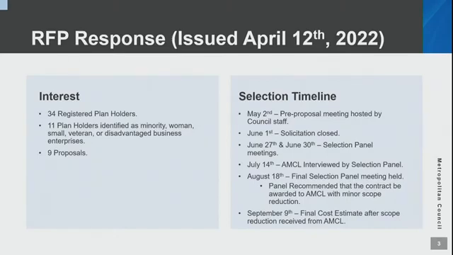We went round the circle a little bit with the scope to refine that a few times, and ultimately we got a final cost in September of this year. So that selection committee or consensus committee has agreed that AMCL is still the organisation that is going to provide us with the best value and the best chance of delivering the project. So that is the firm that we are recommending for that contract.